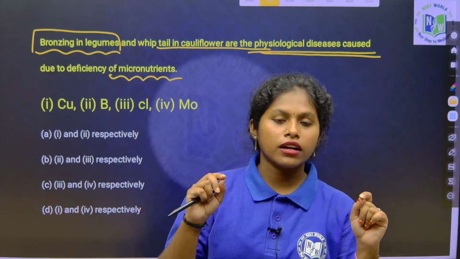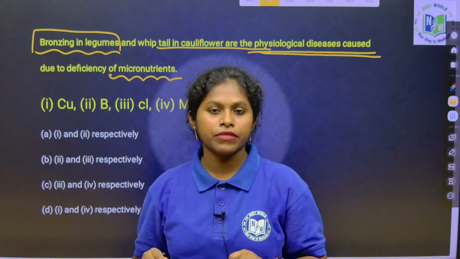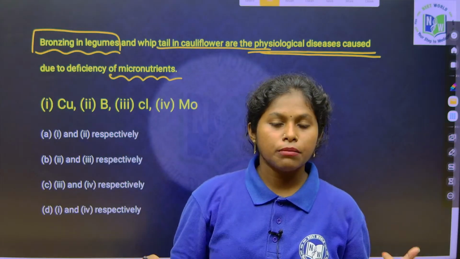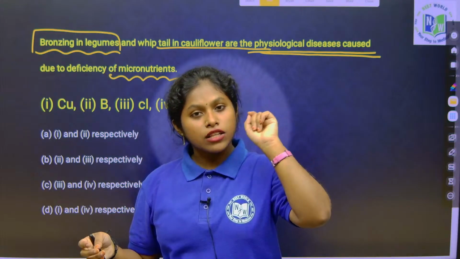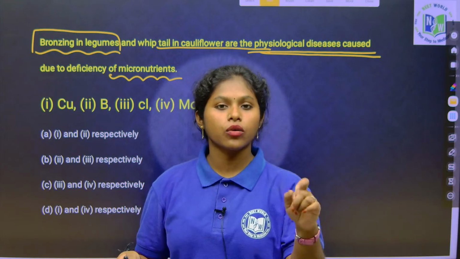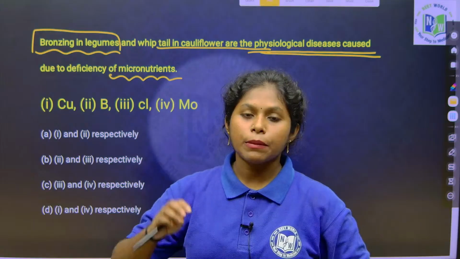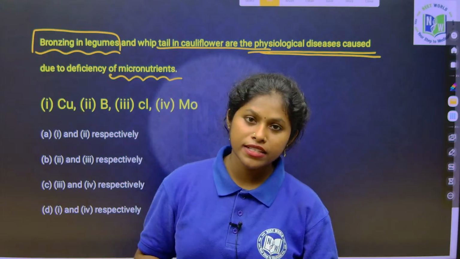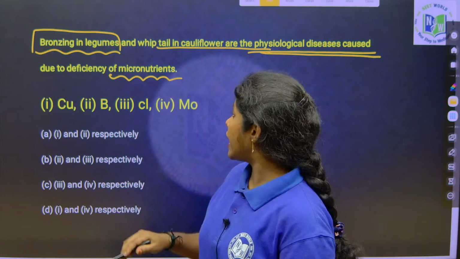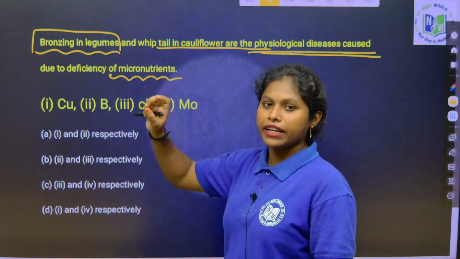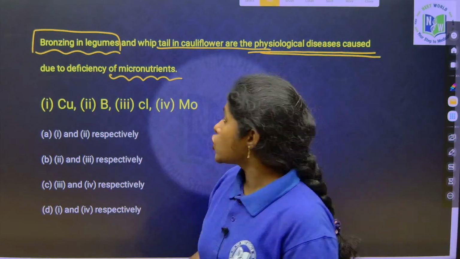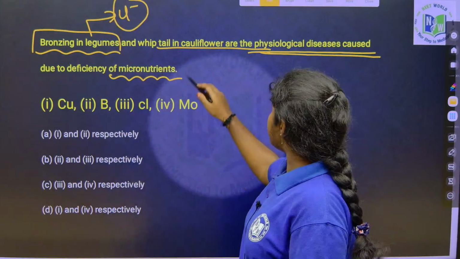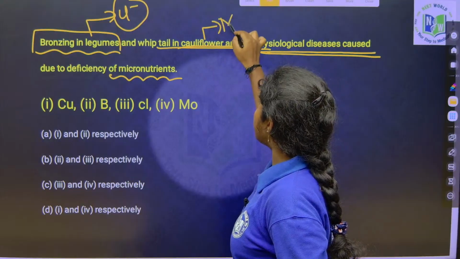If the plant needs chlorine, giving more nitrogen is no use, because the plant requires chlorine even in low quantity. That is why micronutrients, though very low in amount, have to be present in the plant, right? So bronzing in legumes is caused by deficiency of chlorine, and whiptail in cauliflower is caused by the molybdenum element.